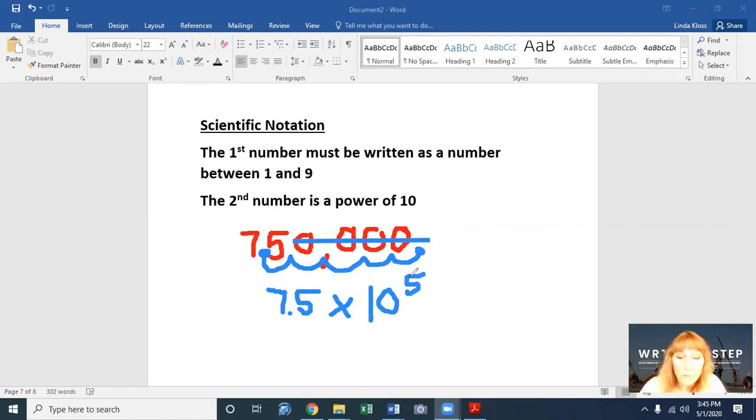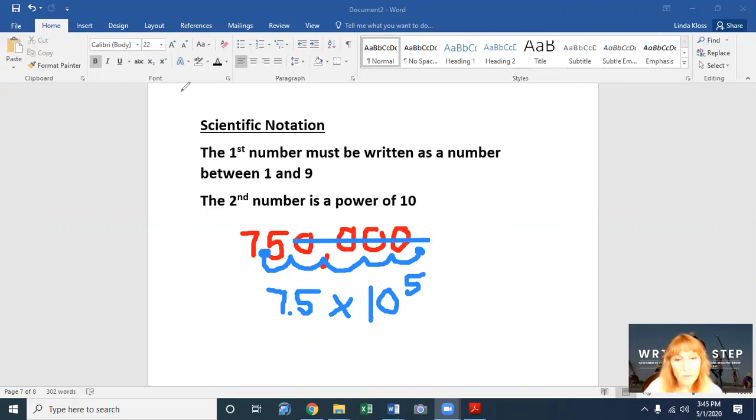Where do I get the 5? Because I moved my decimal 5 spaces. 1, 2, 3, 4, 5 spaces. So 7.5 times 10 to the 5th power will give me 750,000. Okay, so that's how you write in scientific notation if you have a very large number.